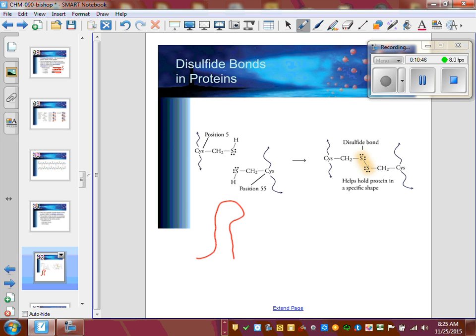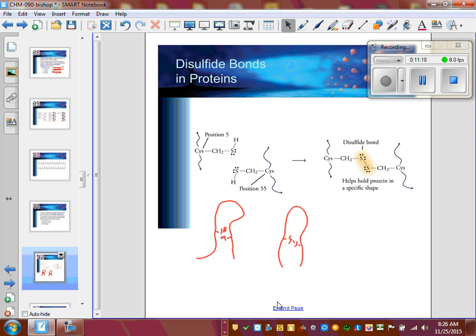So here you have your SH here, and here you have your SH here. You have a reaction, and you form a disulfide bond, two sulfurs, just like here. That holds that curve, that curl.